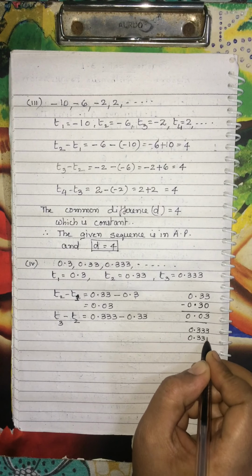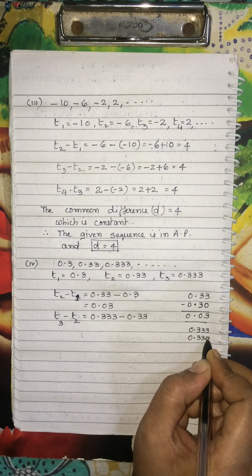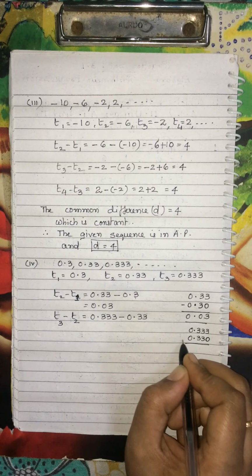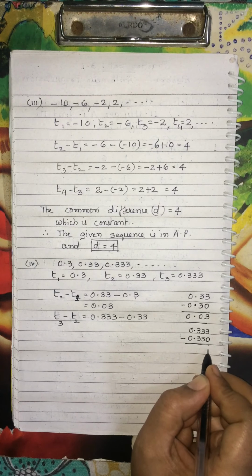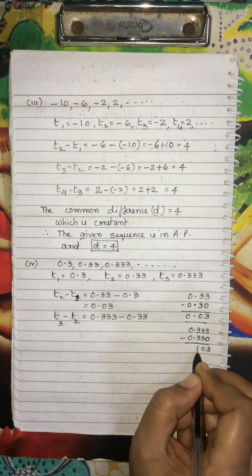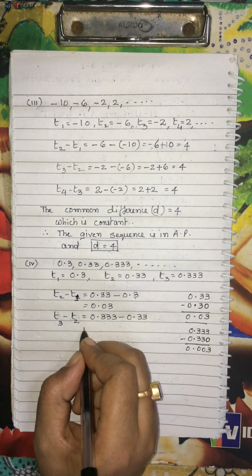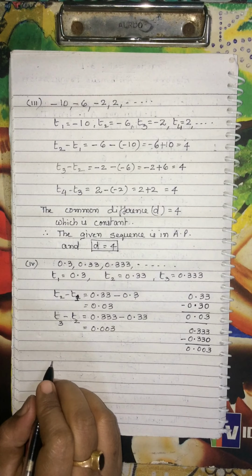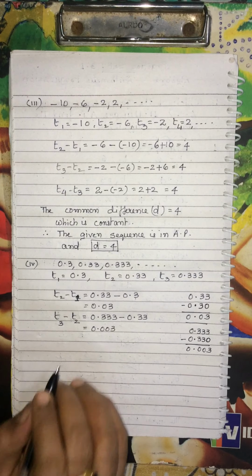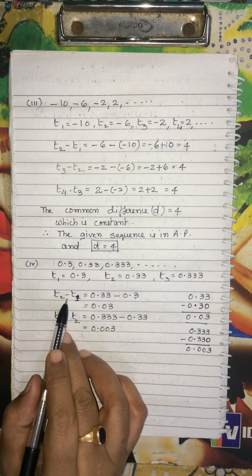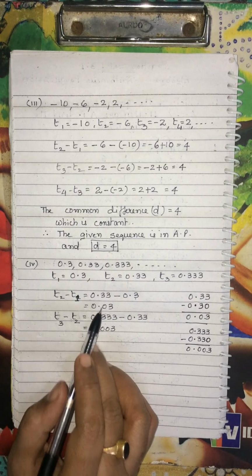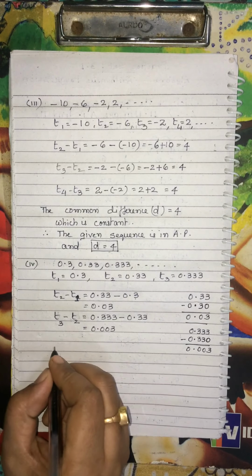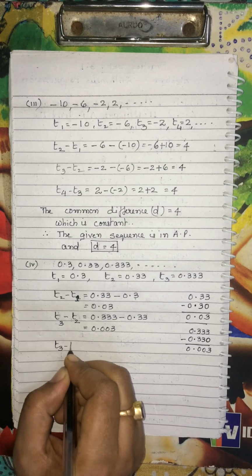Under the decimal which is empty, take the help of 0 in that place. That means fill it with 0. So you will get it as 0.003. So you have to write in this place, children. See, the difference is not common, so you have to first show it.